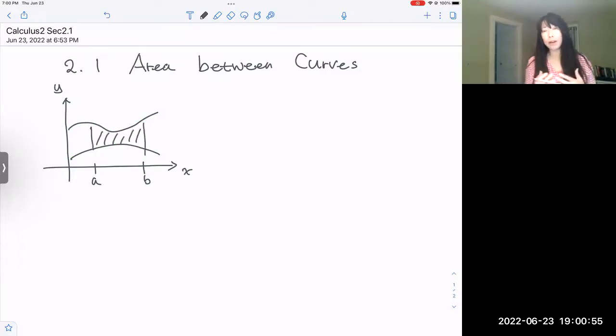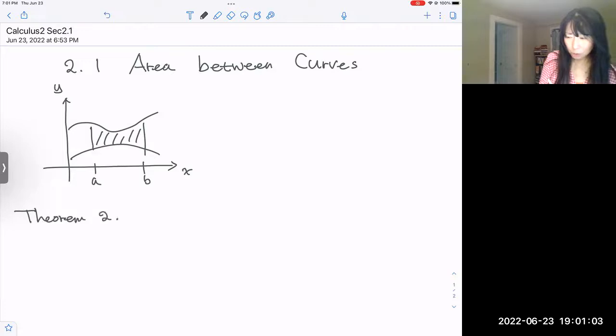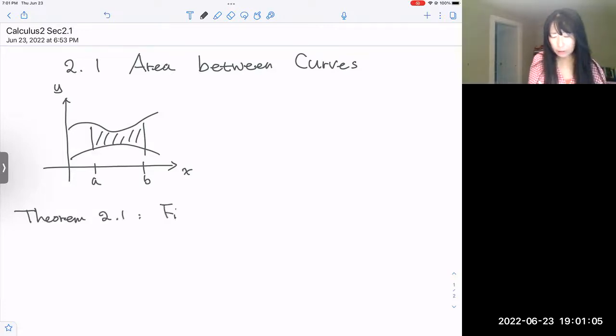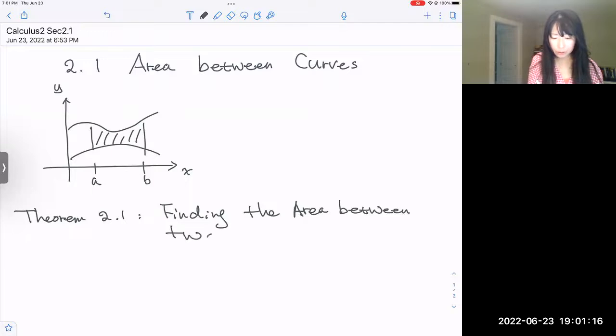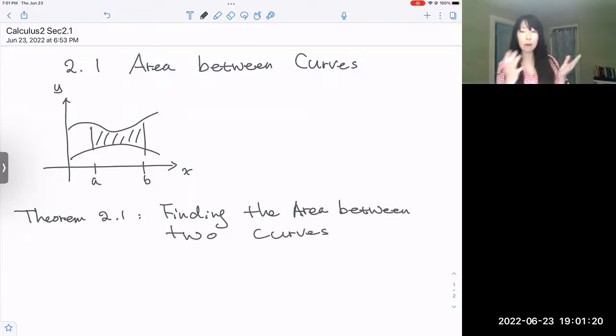Now we have the definition. Then let me write down the theorem. 2.1, finding the area between two curves. Okay, we know that the function must be continuous, right?